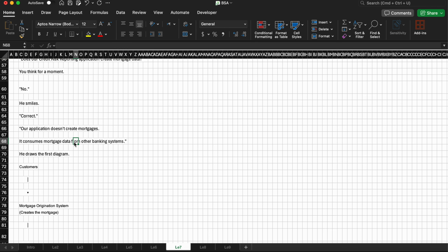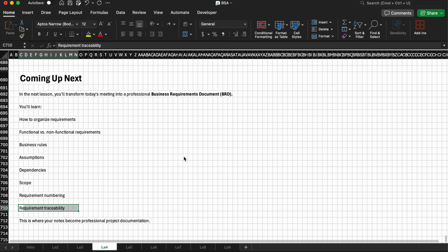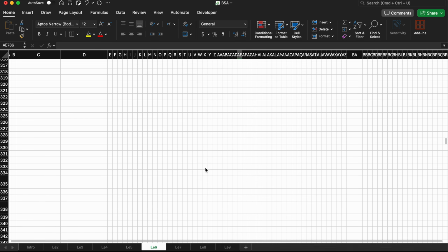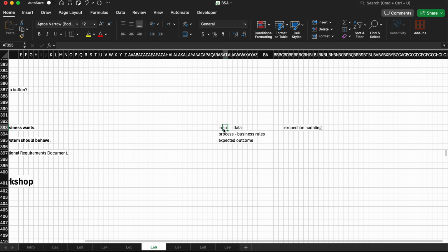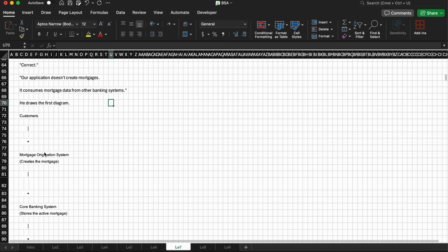For our engine, in one of the previous lessons I was talking about one of the functional requirements, this one. So we consume input mortgage data, we process it, and this is what is happening. Let's focus on our diagram.